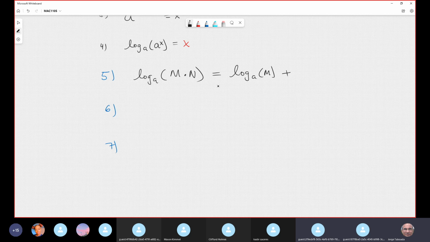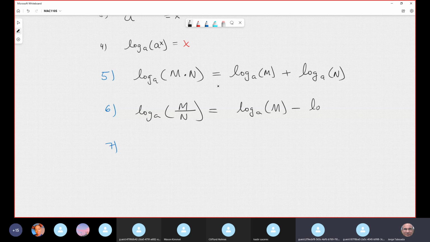Wow. Multiplication is addition in the world of the logarithm. Division is subtraction. Of course, the one in the top is positive and the one in the bottom is negative.